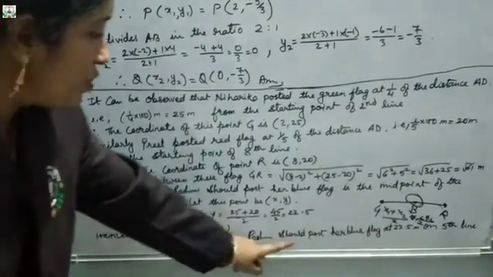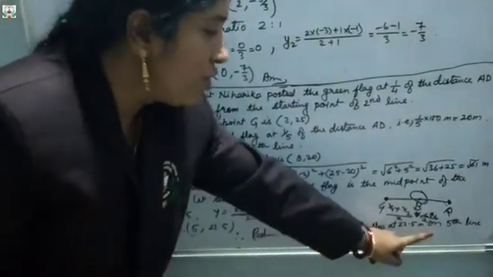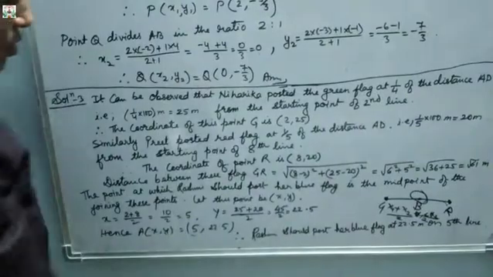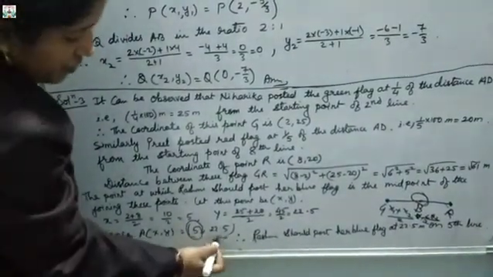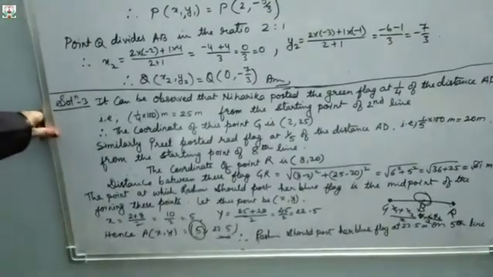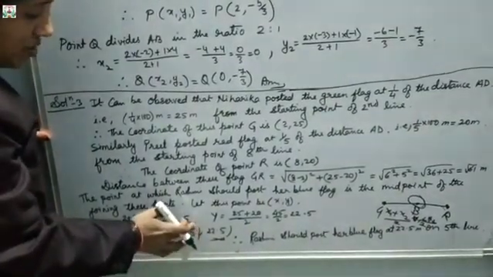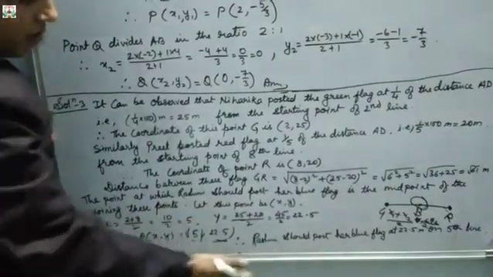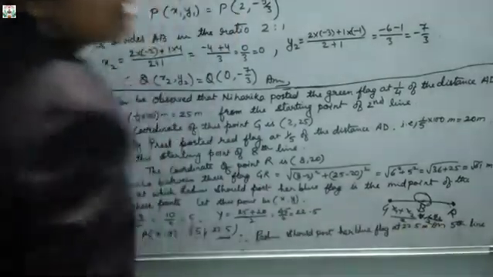So Rashmi should post her blue flag at 22.5 on the fifth line, because the first coordinate is for the line and the second is for posting the flower. Okay, so Rashmi has to post the flag at 22.5 meter on the fifth line.